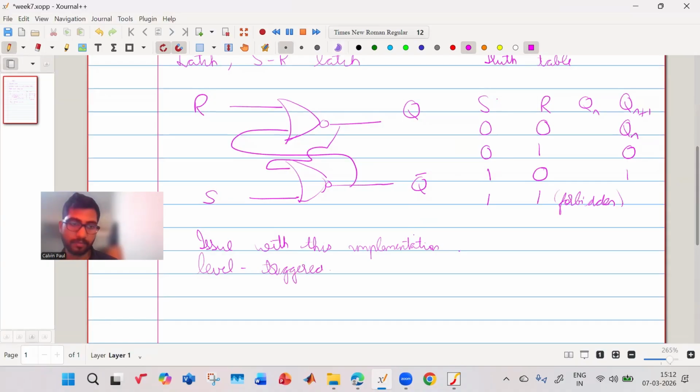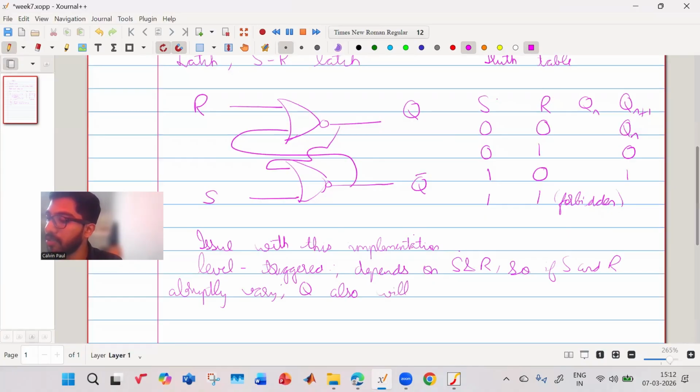Since it is level triggered, it depends on S and R. So if S and R abruptly vary, then Q also will vary like that. So in case there is certain noise or spikes or delay, it would really impact the performance.